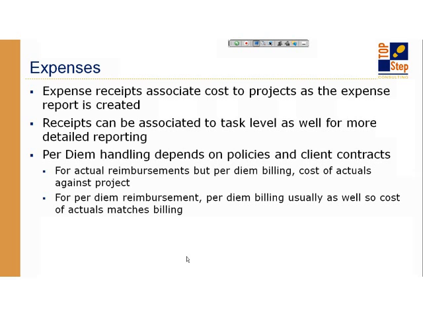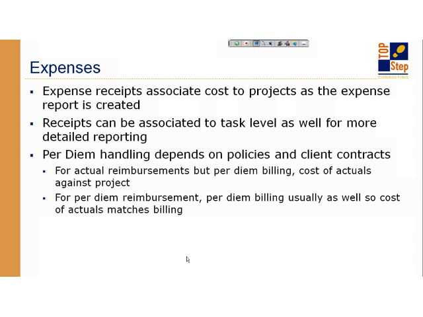If they're getting actual reimbursements, but you're doing per diem billing, the actual expenses are what are hitting the project, and you may be losing revenue or ideally at least breaking even if you're doing per diem billing back out to the customer. So the way that you handle the per diem policies in your company is really dependent on whether it's cost or not, again, in your system.